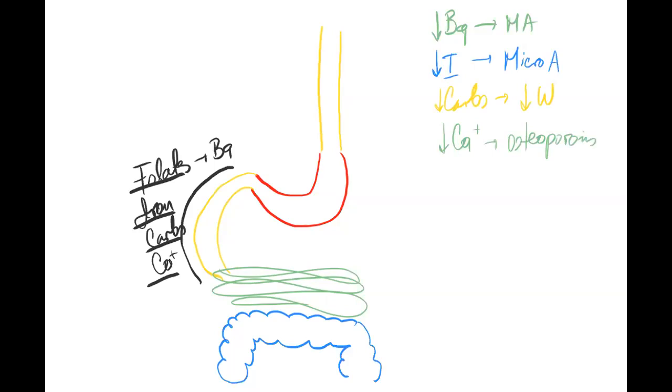Now, another important component that we need to absorb in the GI tract is in the terminal ileum.